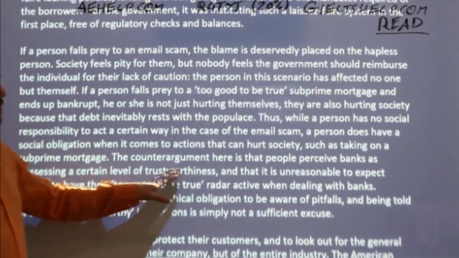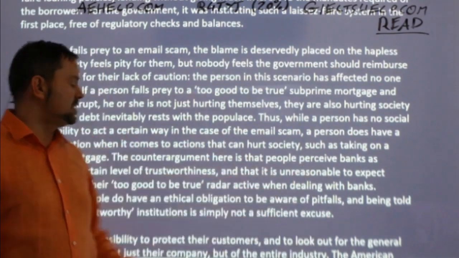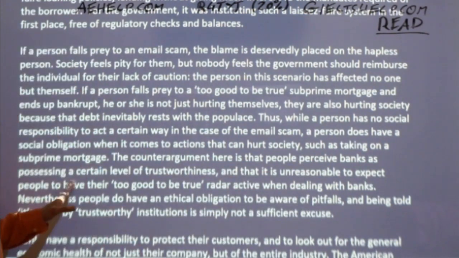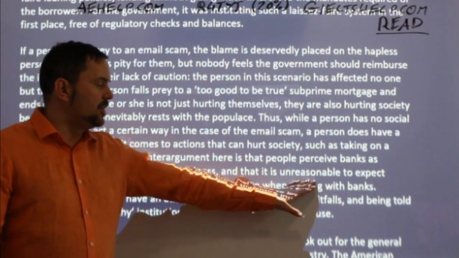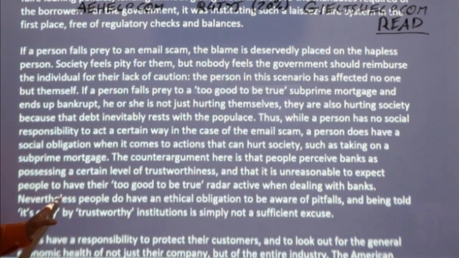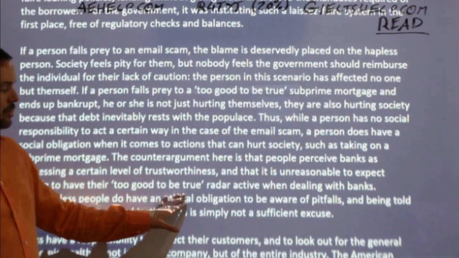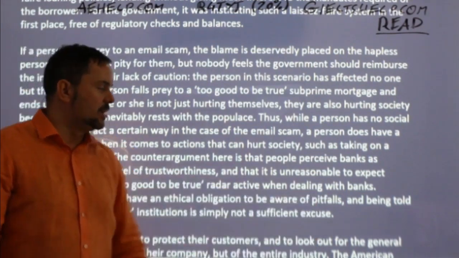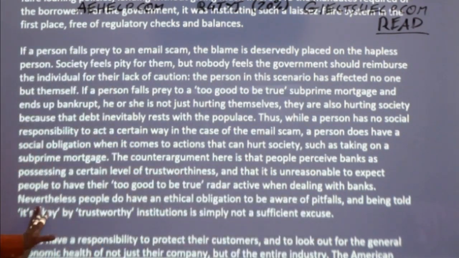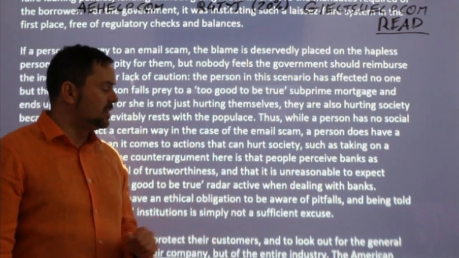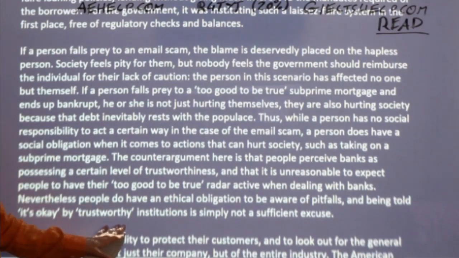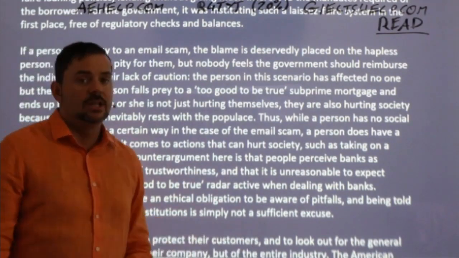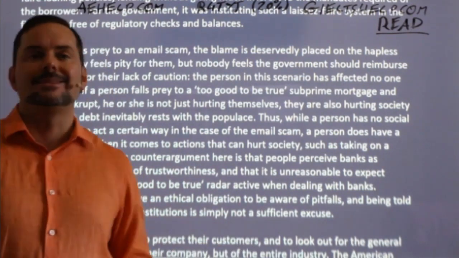The counter-argument here is that people perceive banks as possessing a certain level of trustworthiness, and that it is unreasonable to expect people to have their too-good-to-be-true radar active when dealing with banks. Nevertheless, people do have an ethical obligation to be aware of the pitfalls, and being told it's okay by trustworthy institutions is simply not a sufficient excuse.